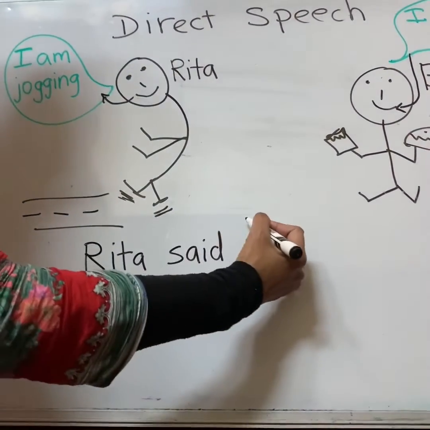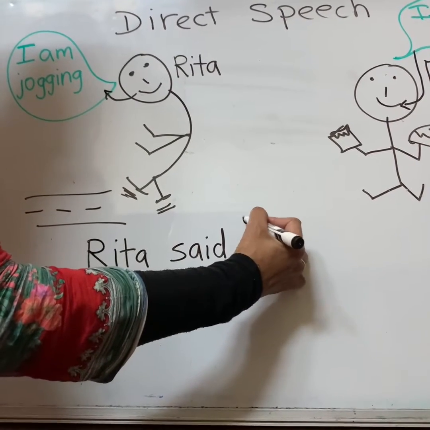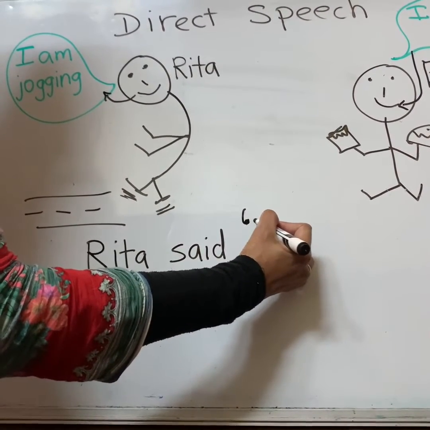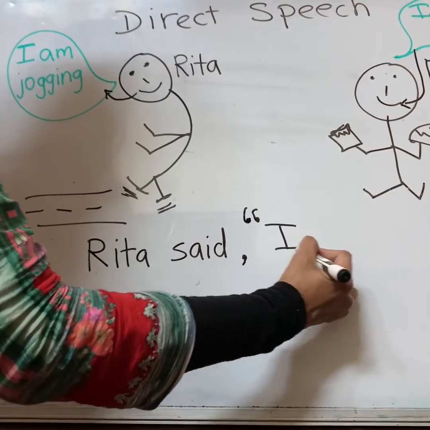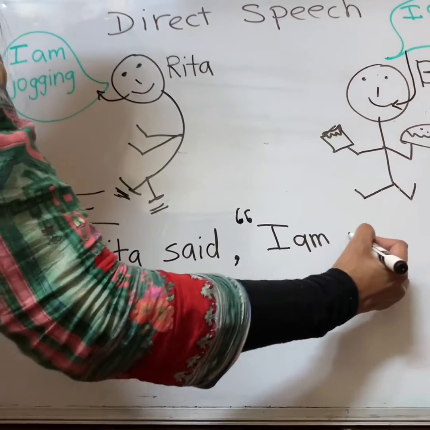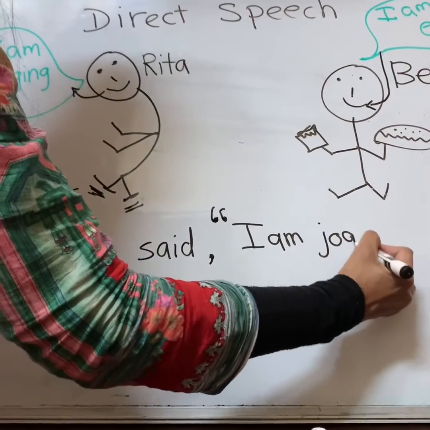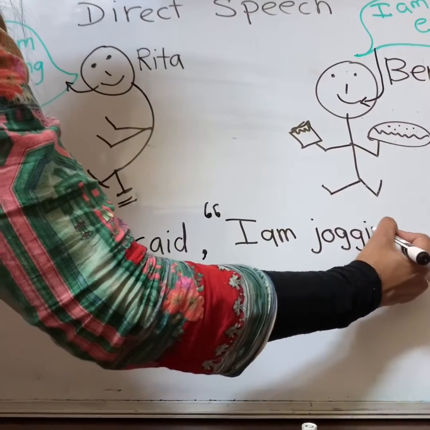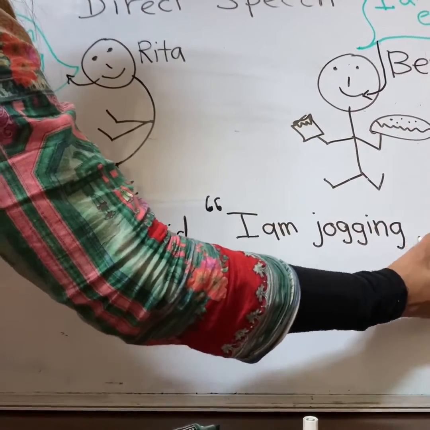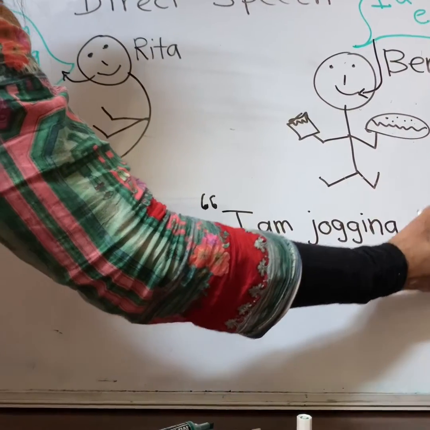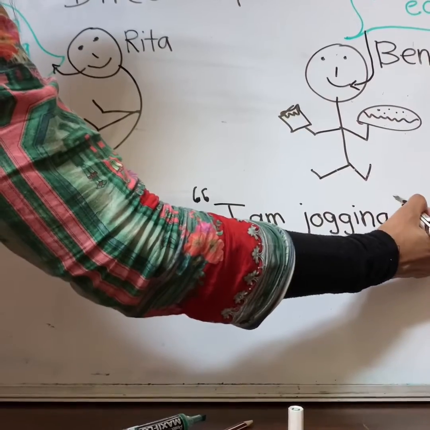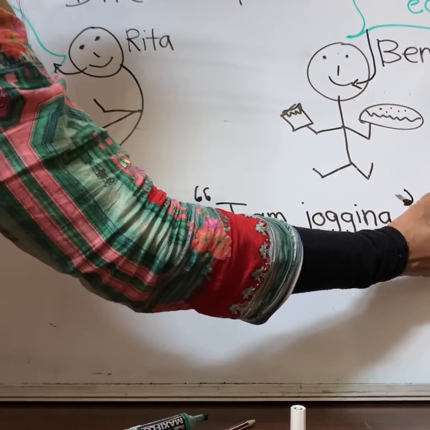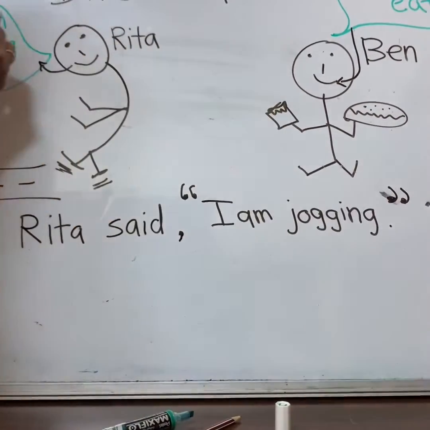So I'm going to open up my speech mark. I'm going to write what she said: I am jogging. And I end what she said. I close these speech marks because she just said I'm jogging.